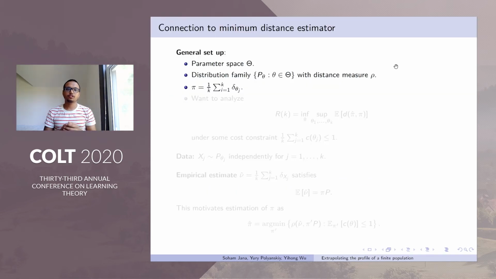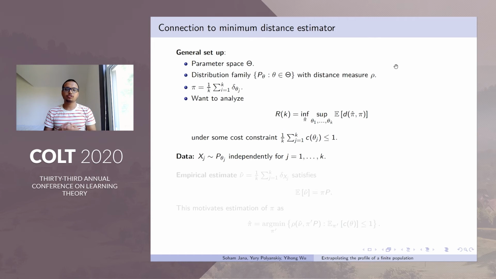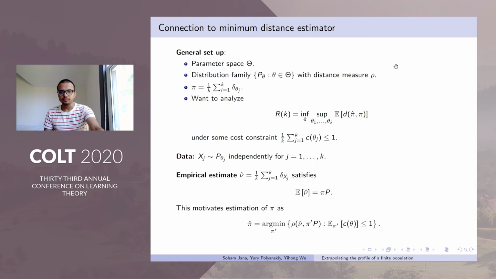So what is the connection to the minimum distance estimator that we mentioned? So think about a general set of theta with a general distribution family p theta and norm of distributions rho. Then suppose we want to estimate the risk for pi under a general setup with some cost constraints, and the data is generated independently from p.